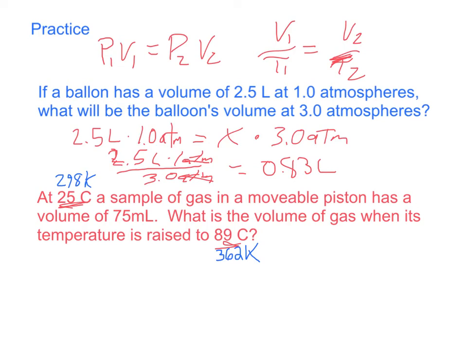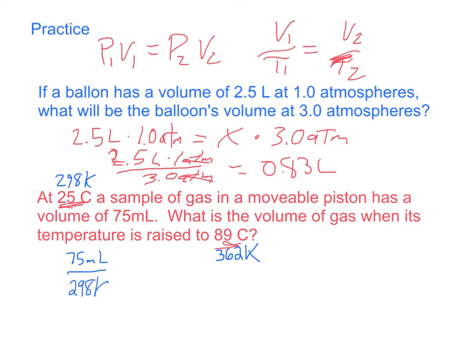So now we have to decide which equation we want. We have a volume and a temperature, so I would go with Charles's law, V1 divided by T1 equals V2 divided by T2. You would set them up. So V1 is 75 milliliters divided by 298 Kelvin.